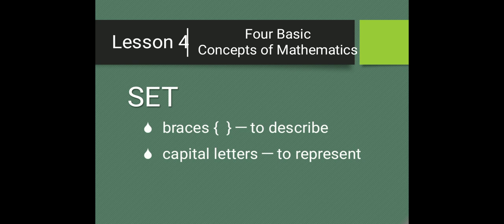Say for example, if we have set A is a set of numbers 1, 2, 3, and 4, so dapat ang pagkakasulat kay A, because A yung name ng set, is we have to use capital letters. And sa bandang mga elements, we have to use braces in that. Okay?